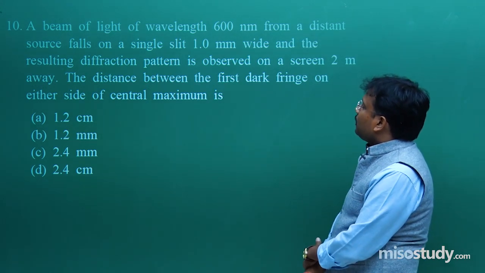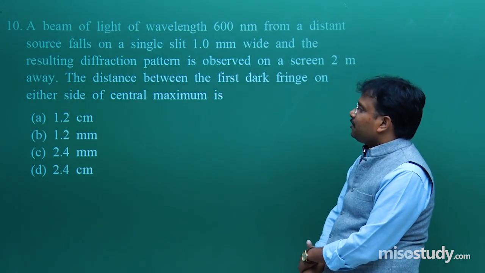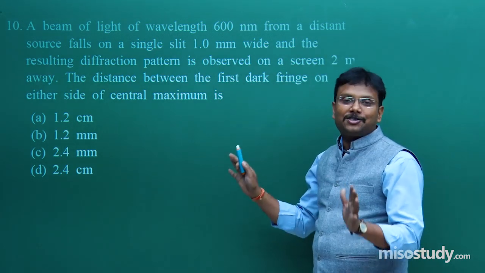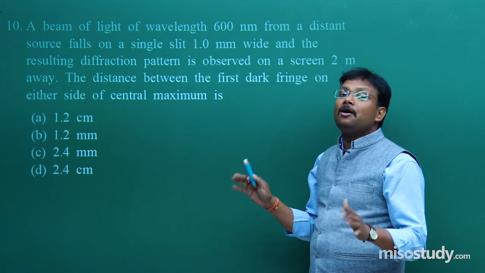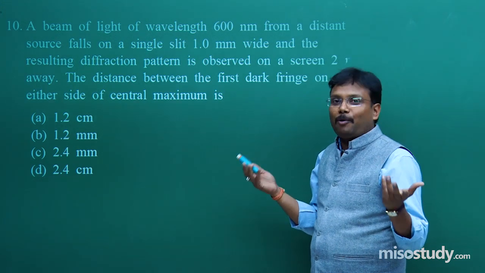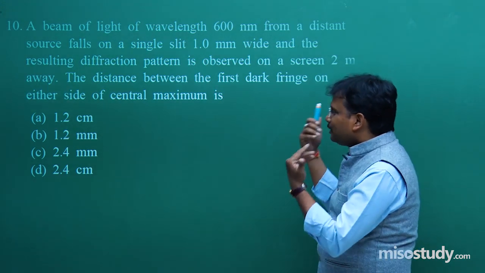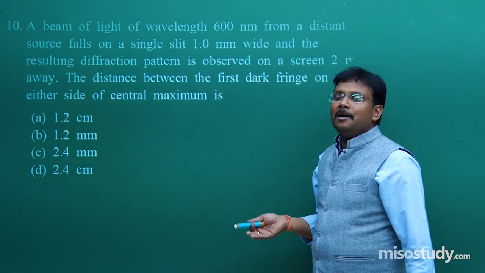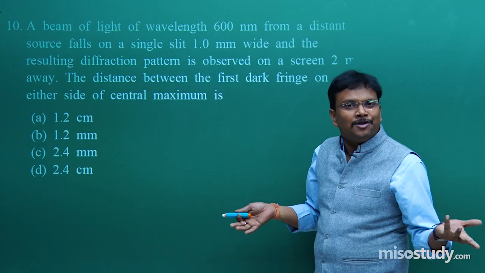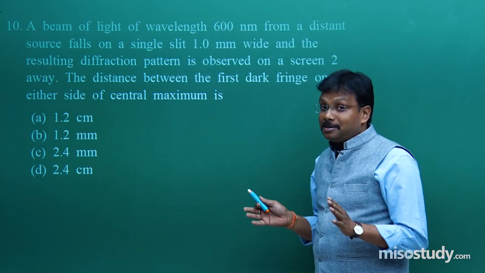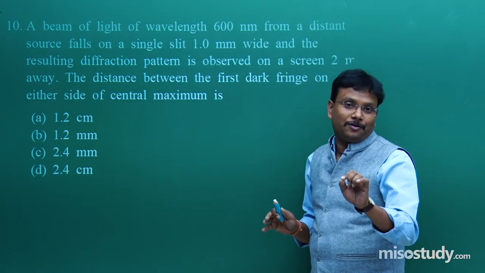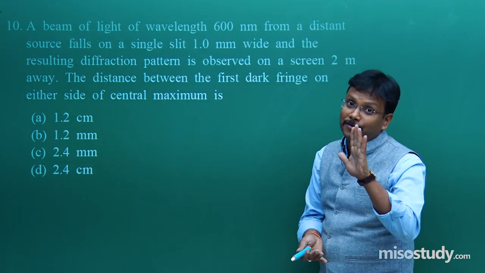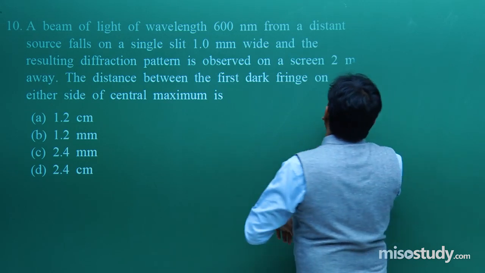The distance between the first dark fringe on either side of central maxima is? Directly diffraction concept based, formula oriented problem. Rather than going into any details or explanations, mentioning the formula and putting in the values is more than enough. But if you do not have practice of the formula of this concept, obviously you are going to face some difficulty. So please do the practice.